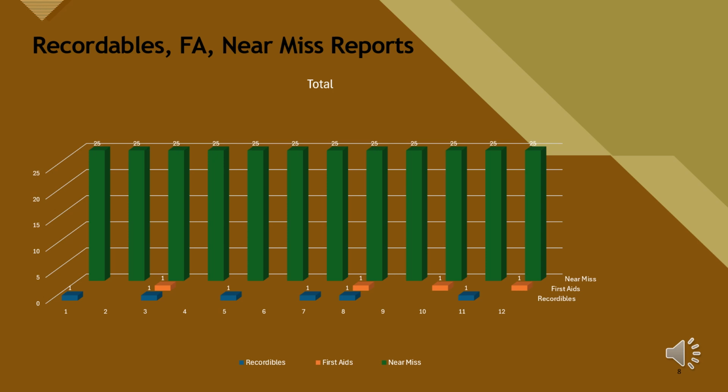This doesn't seem accurate when you truly look at the recordables that are being documented. I believe that having a good documentation system will identify the areas needed for improvement, and it promotes proactive learning and teaching for your employees.